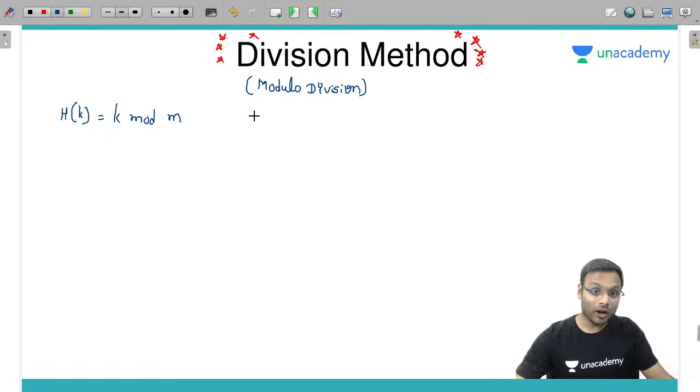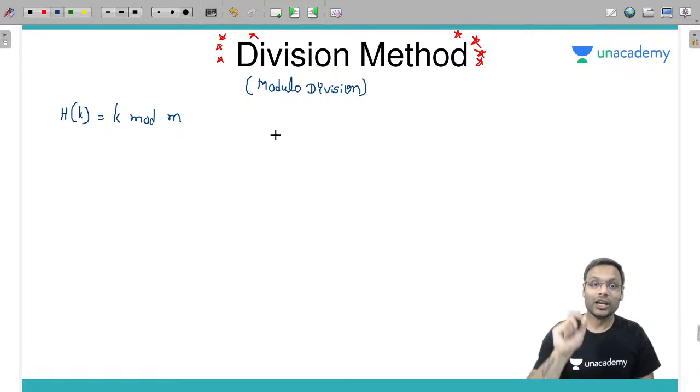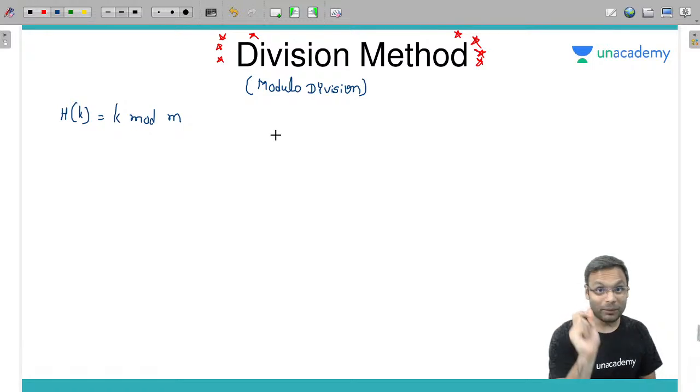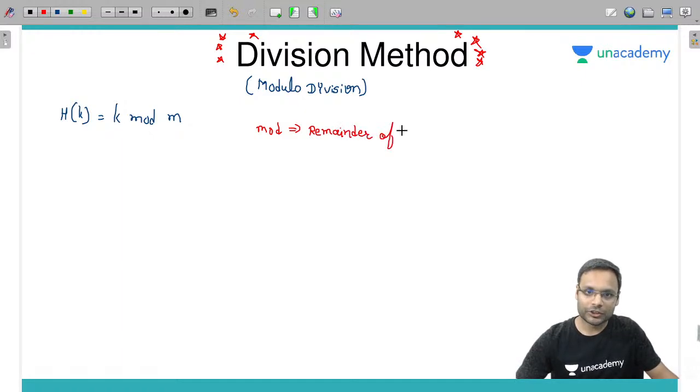Now what is this mod? Mod is nothing but the percentage operator from your programming language, which gives you the remainder after the division. So mod is nothing but the remainder of division.